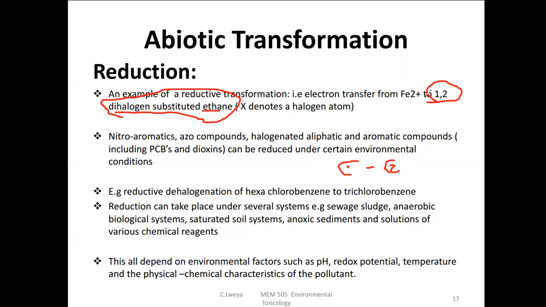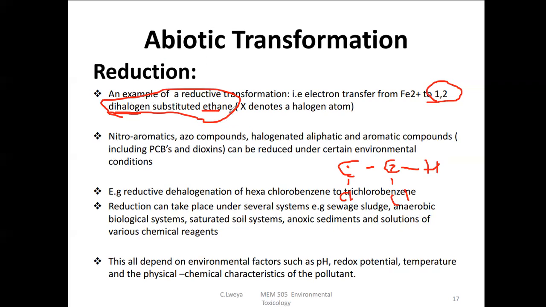But they're saying 1,2, meaning on each carbon atom, di means 2. Dihalogen, a halogen could be chlorine. So on each carbon, I might have chlorine here, and even here, I might have chlorine in trans or cis. So this is the compound they're talking about, 1,2 dihalo substituted ethane.